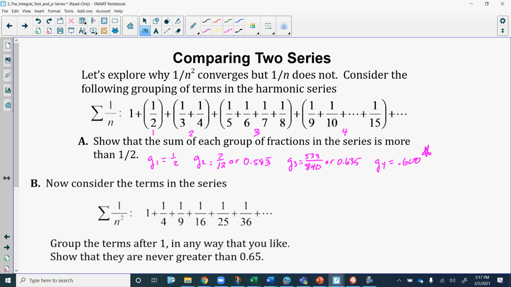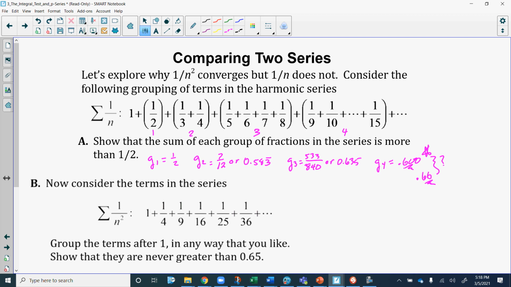Here I'm getting 0.600, but at one time I also got like a 0.66, and I'm not entirely sure which one I was expecting to see. I'm expecting to see growth, so I thought I was going to be getting this, but for some reason my calculator kept giving me that. So just understand, the growth is going to continue from group to group to group.